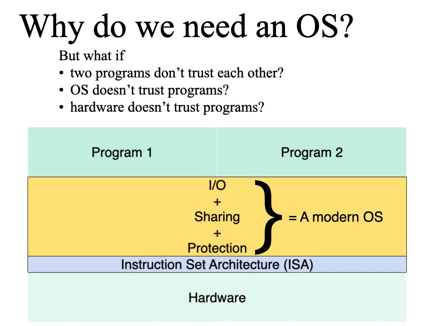You might have malicious hardware on a computer that might affect the software program. So again, the operating system plays a role here, where it might protect user level programs from untrusted hardware. So as you can see, protection can be interpreted in many different ways, and the OS has a key role to play in all of these situations.